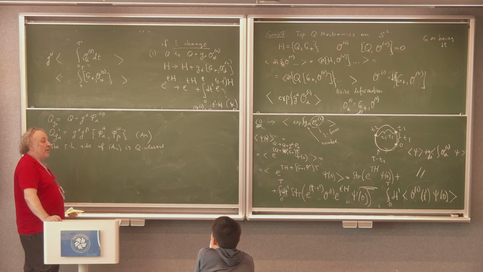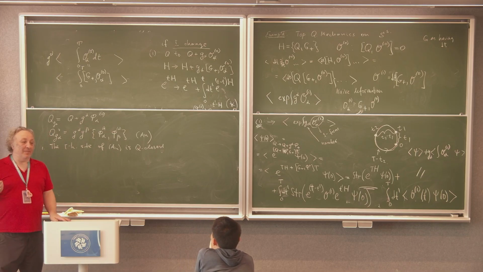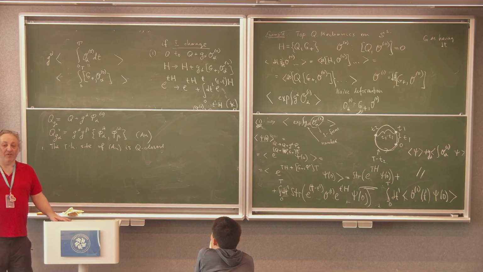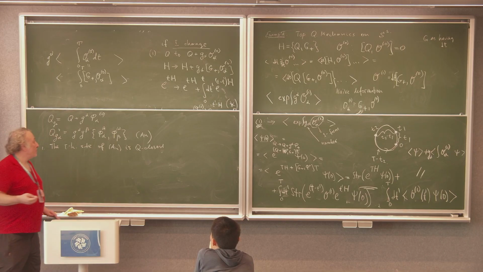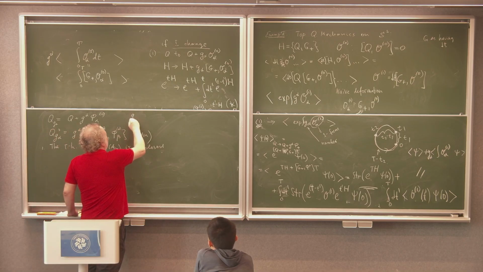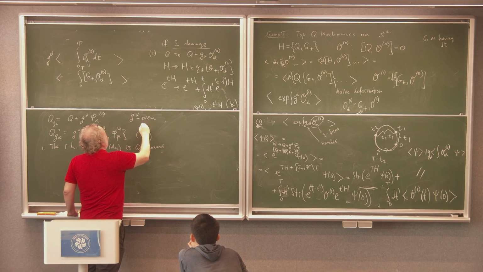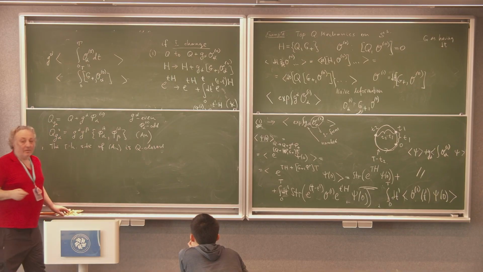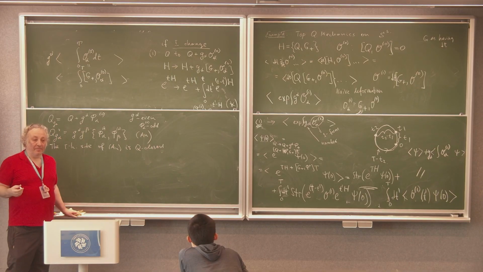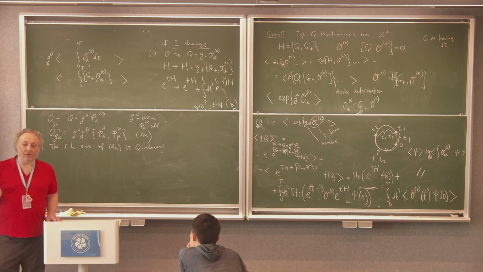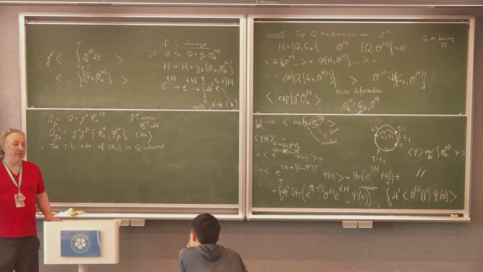You may play these games, but I prefer to play the game where G alpha is even, not odd. So it's a classical case where we have an ordinary deformation space of theories.